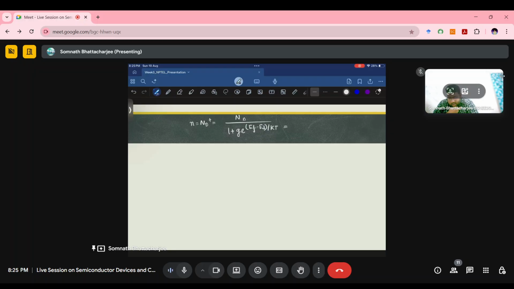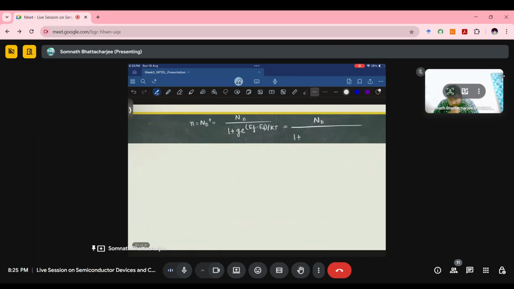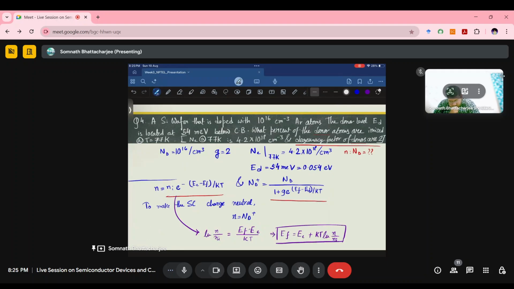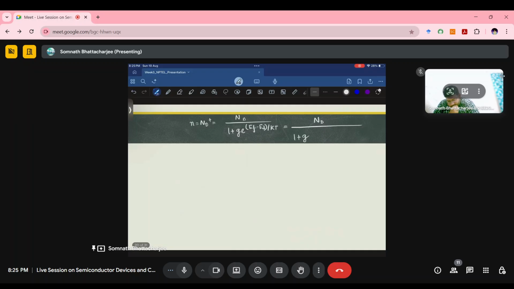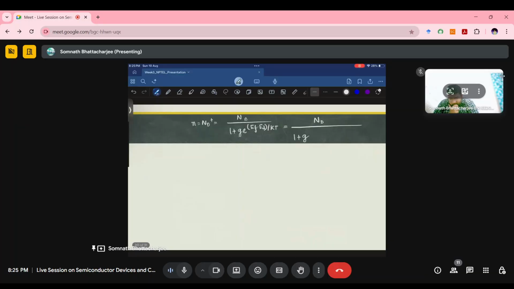Now we have the value of EF here, so we can write it as G multiplied by N by NC, e to the power of ED divided by KT.